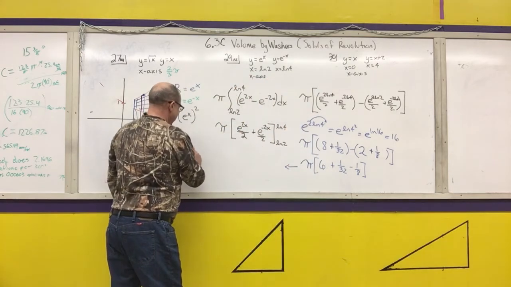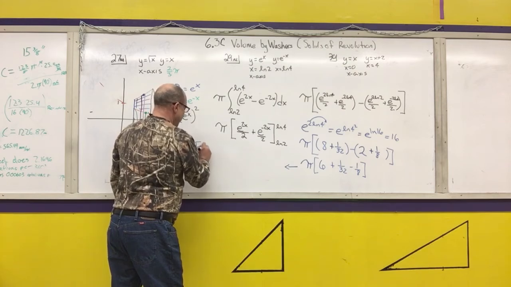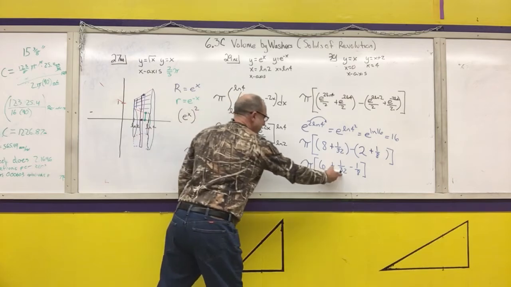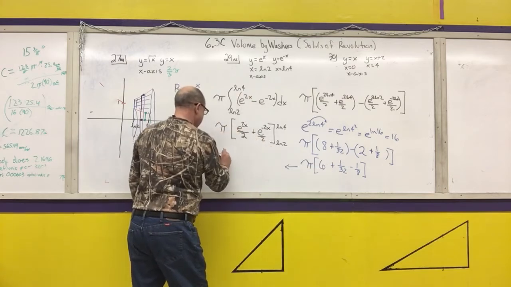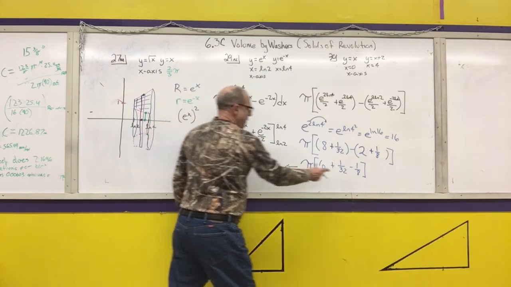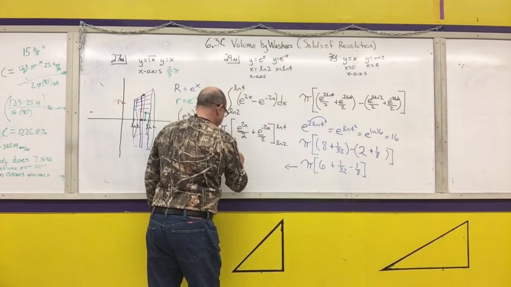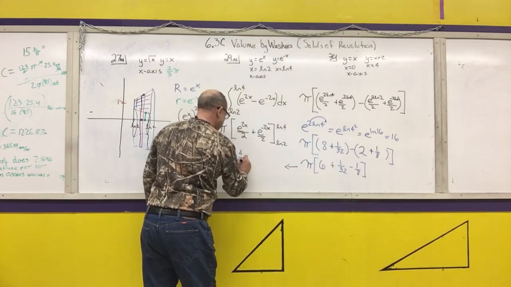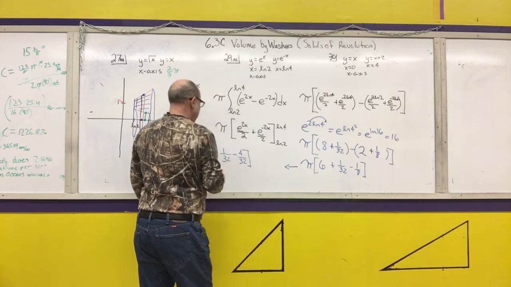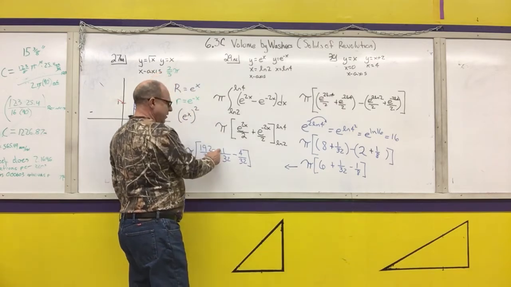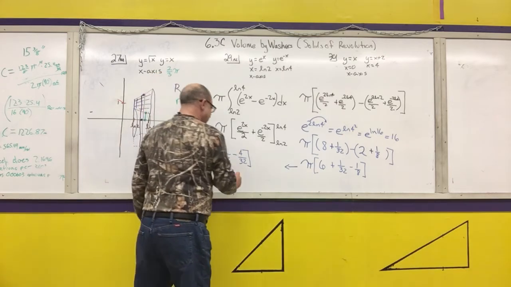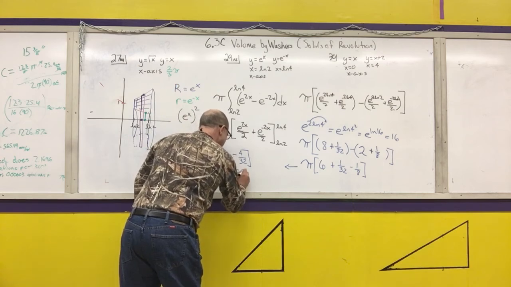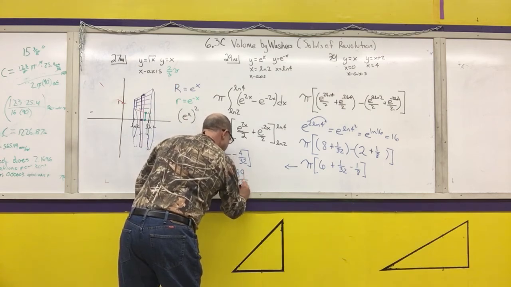So I have pi times 192/32 plus 1/32 minus 4/32. And the final answer would be 193 minus 4, which is 189/32 pi.